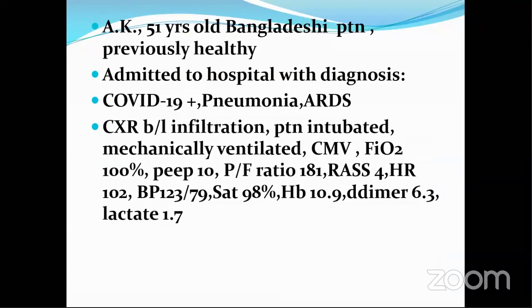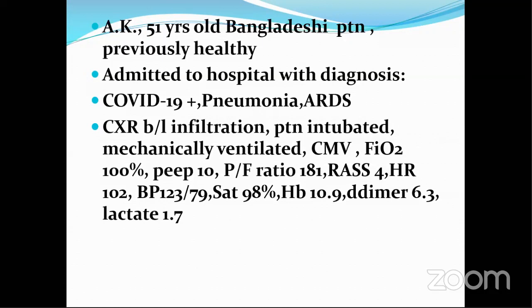The X-ray showed bilateral infiltration, the patient was intubated and mechanically ventilated, on CMV, FiO2 100% with PEEP 10. So this is phenotype H with low compliance. This patient had ARDS with low compliance. The PaO2/FiO2 ratio was 181, so this was moderate ARDS.